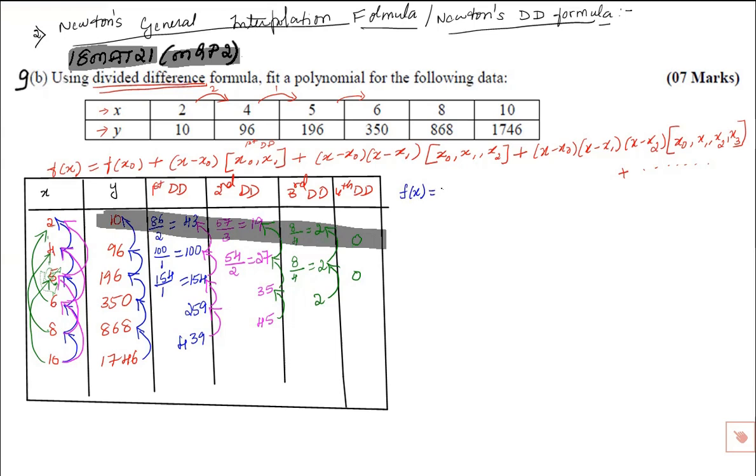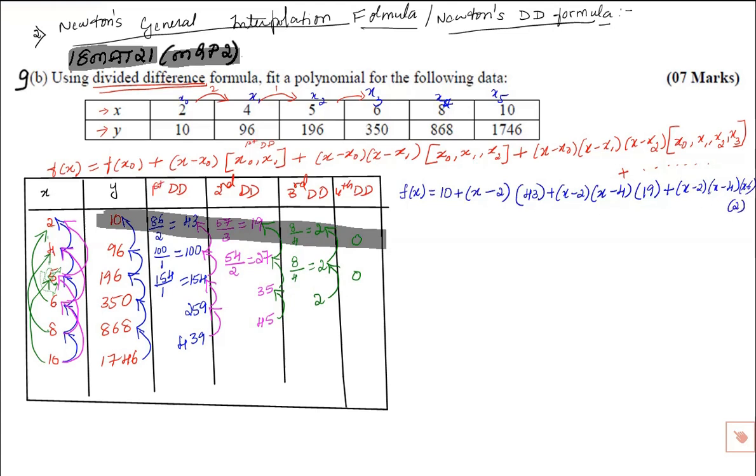So f of x equals f of x naught, which is 10, plus x minus x naught, that is x minus 2, into the first divided difference, that value is 43, plus x minus x naught into x minus x1, that is x minus 2 into x minus 4, into the second divided difference, that is 19 we got, plus x minus 2 into x minus 4 into x minus 6 into the third divided difference, that is 2.